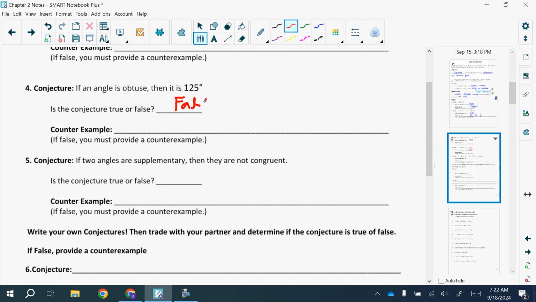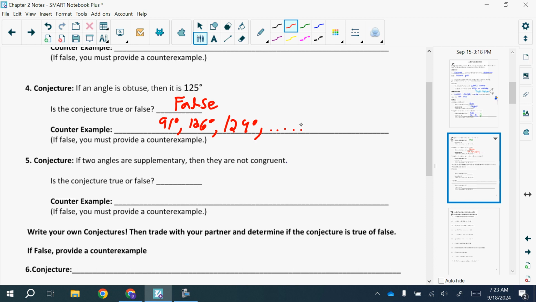So to speak more on that, so yes, 125 degrees is an obtuse angle. But the conjecture stating if an angle is obtuse, then it must be 125 degrees and only 125 degrees. That's clearly false because an obtuse angle is an angle greater than 90 degrees. So 91 degrees would work, 126 degrees would work, 124 degrees would work, so on and so forth. Again, you only need to put 1. But considering we can have decimals as well, there's an infinite number of counterexamples to that.